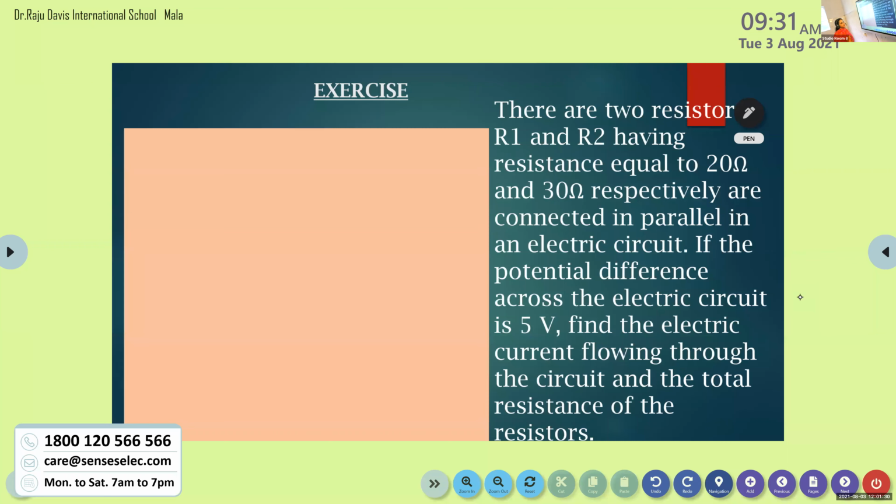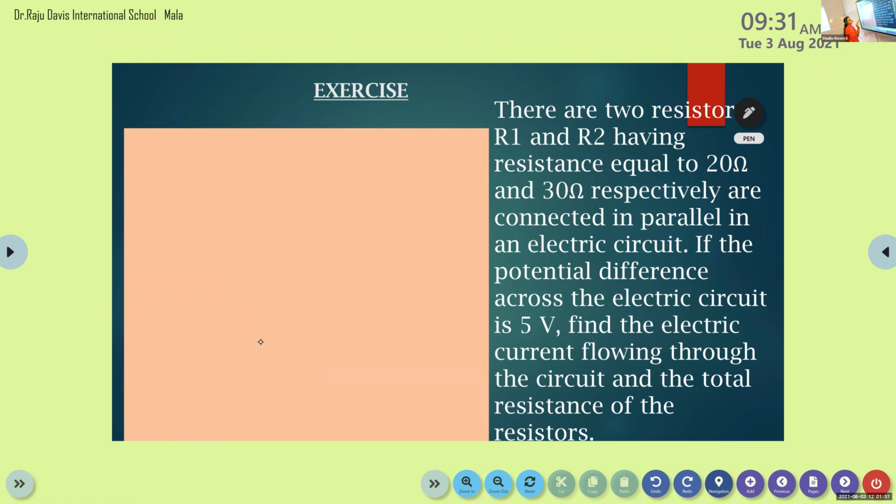There are two resistors R1 and R2, and how are they connected? They are connected in parallel. You must know how to draw the diagrams also, for parallel combination and series combination of resistors. Since they are connected in parallel, the ends of all resistors are connected to one end point.